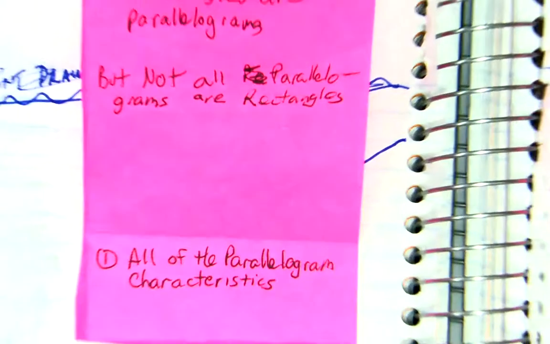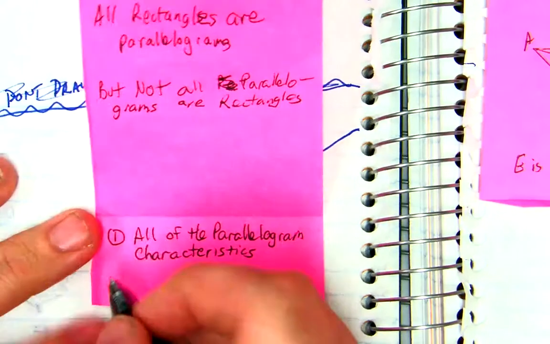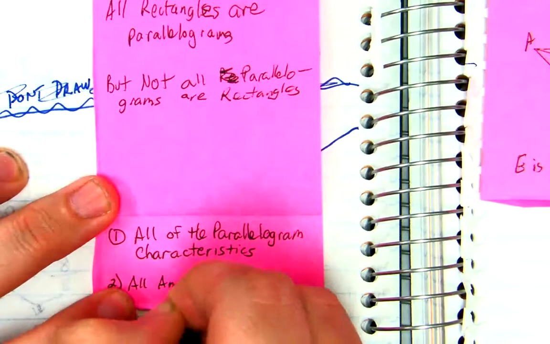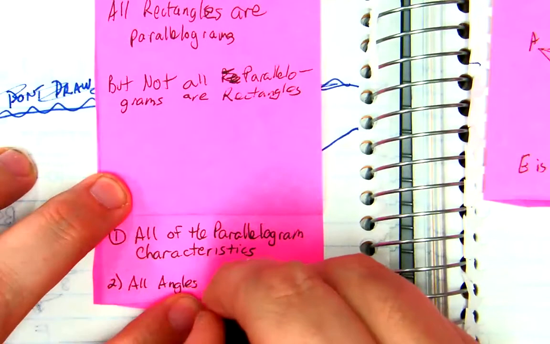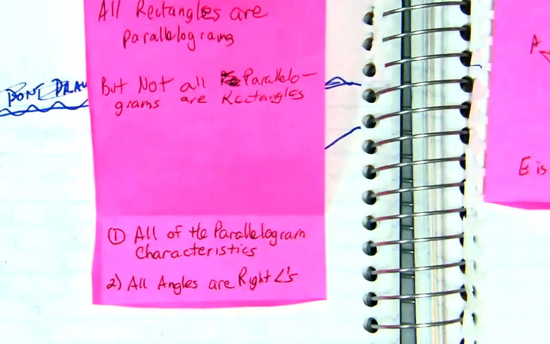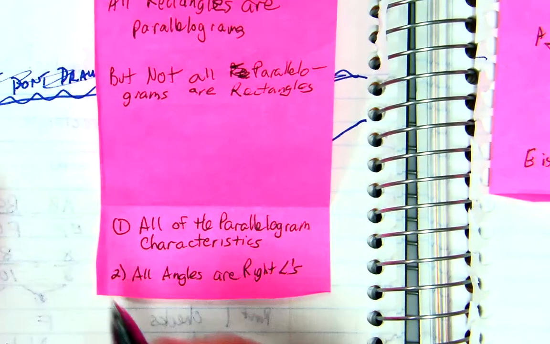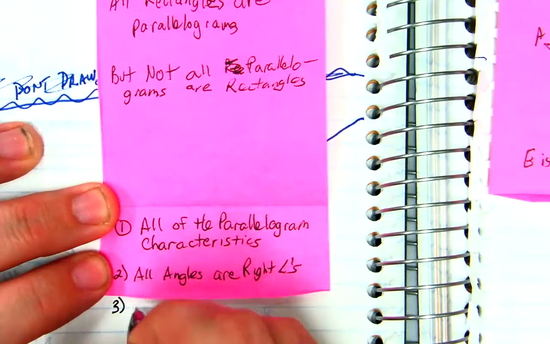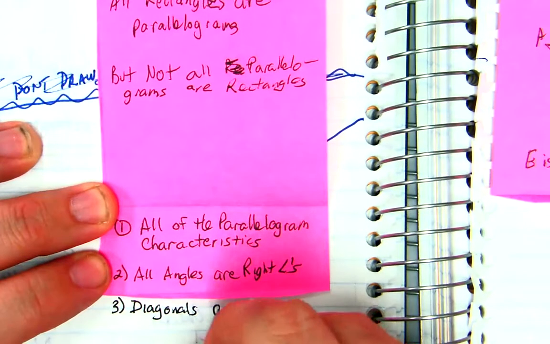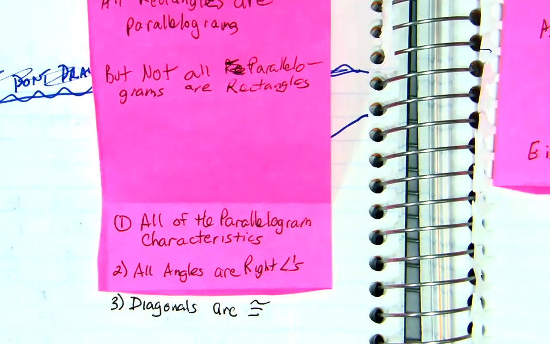Let me zoom it out a little bit so we have that. All right. One of the characteristics, all angles are right angles. And diagonals are congruent.